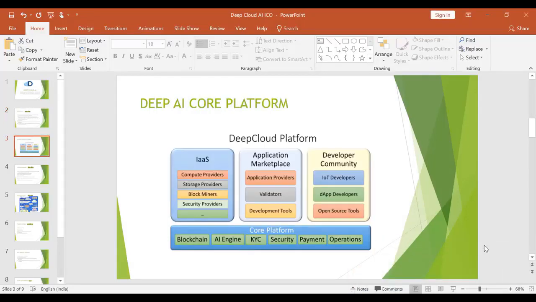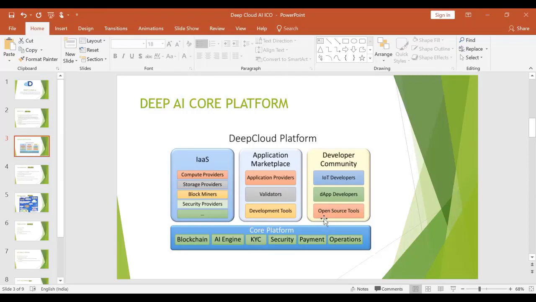So here's the picture of the DeepCloud AI platform. Here is IaaS, infrastructure as a service: compute providers and storage providers, who will provide the storage capacity and the computing. Plus they have an application marketplace with application providers, validators and development tools.